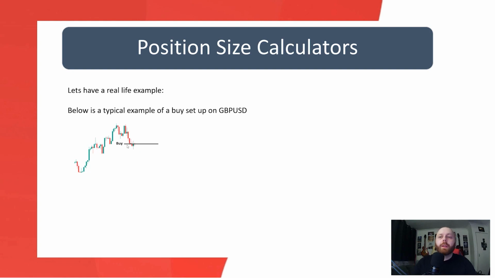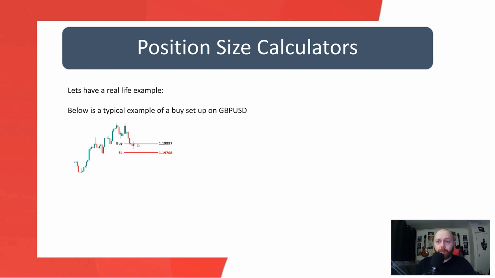But this time, let's add some actual numbers to it. So we buy Great British Pound versus the US dollar at a price of 1.19997. Now we're going to place our stop loss just below this area, and the price of the stop loss is 1.19768.